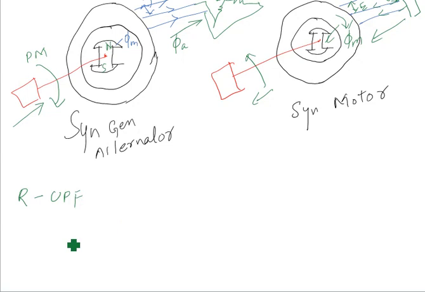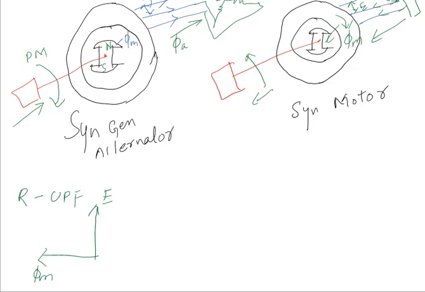What happens if you draw the UPF load for a generator? Phi m is the main flux that comes into the picture first, and after that E comes, delayed by 90 degrees.